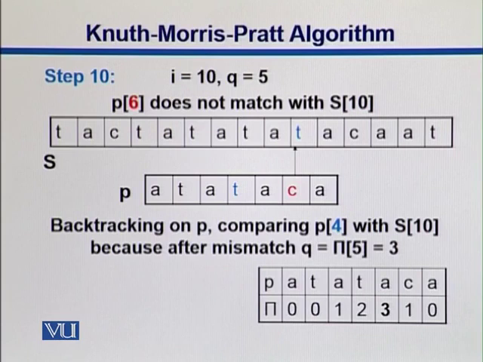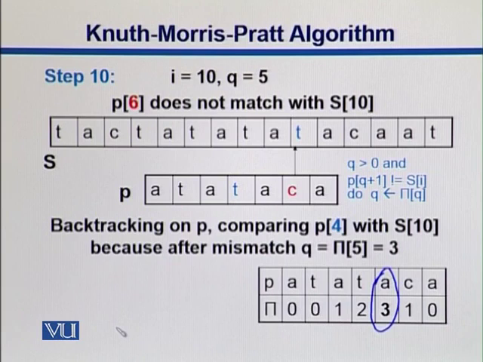Because after a mismatch, as per our algorithm, we reset using the pi value at that particular q. At that particular q, q was 5. So at that fifth location, we have the pi value that was equal to 3.